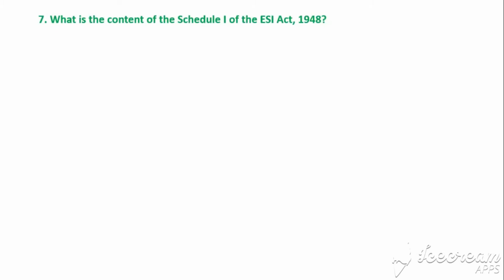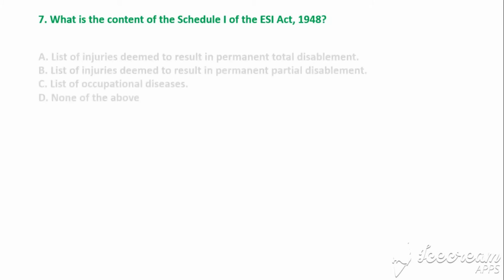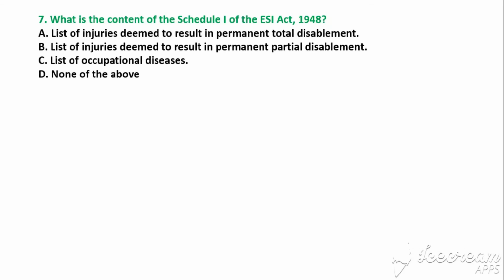Seventh question is, what is the content of Schedule 1 of the ESI Act 1948? The options are: list of injuries deemed to result in permanent total disablement. Second one is permanent partial disablement. Third one is list of occupational diseases. Fourth one is none of the above. Here, most probably Schedule 1 says about the title.